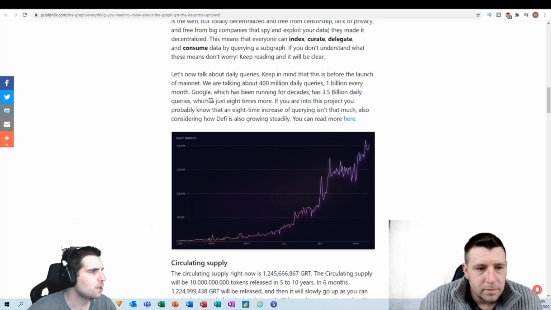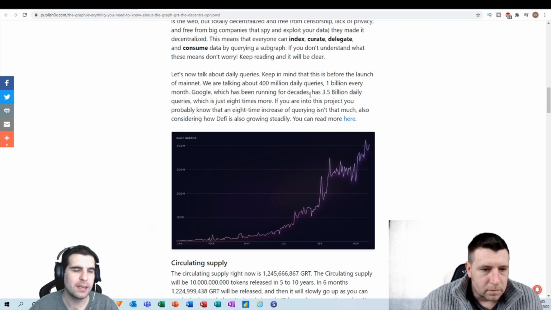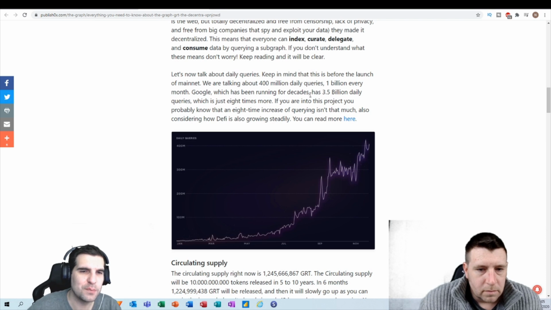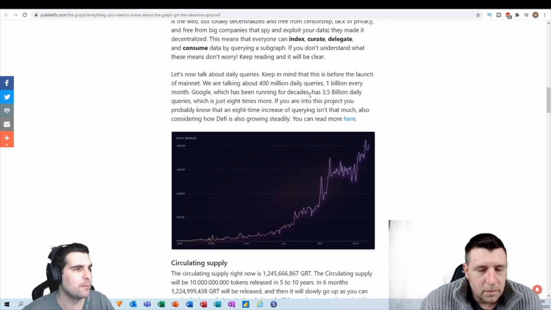Google has been running for quite some time. It has 3.5 billion daily queries, whereas currently the Graph has 400 million daily queries. Now that is not a small amount considering it's only querying Ethereum at the moment, and we know how small the whole blockchain space is at the moment compared to Google.